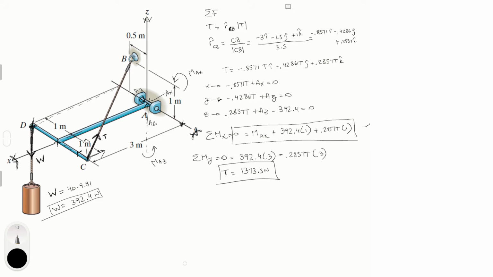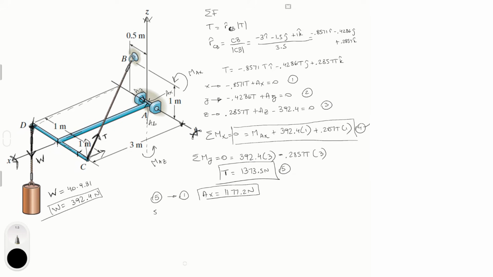Awesome. Now I'm going to label my equations. I'm going to call this equation 1, equation 2, equation 3, this is equation 4, and this is equation 5. So now all we have to do is some little math magic. Look, we plug equation 5 into equation 1, and we get that Ax is equal to 1177.2 newtons.